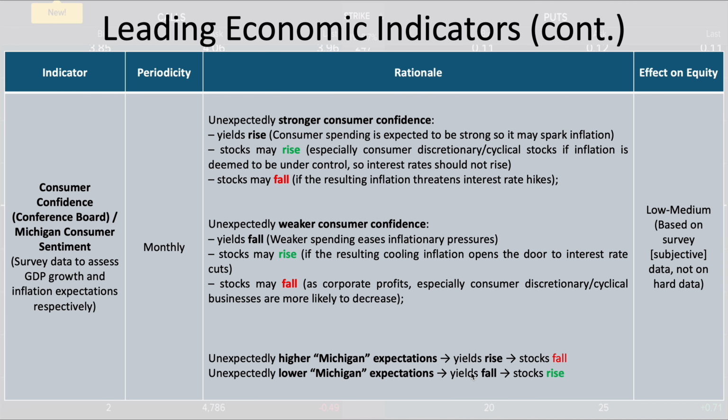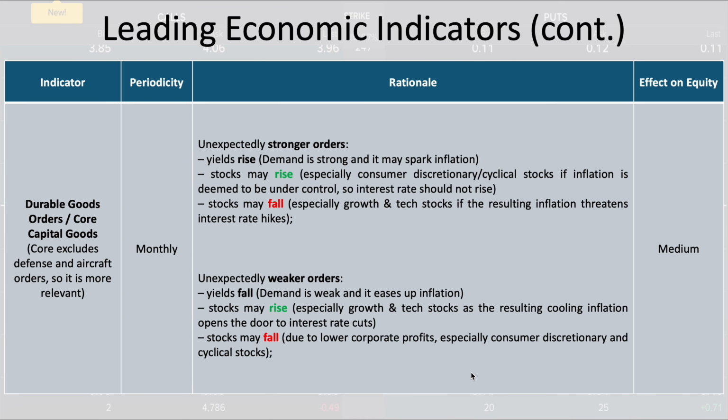And this is it for the leading economic indicators. Or no, actually there is one more. So I think this is the last one, the durable goods orders. Durable goods, again, are very much related to consumer confidence, because durable goods are the ones that require a bigger expenditure because they are more expensive.